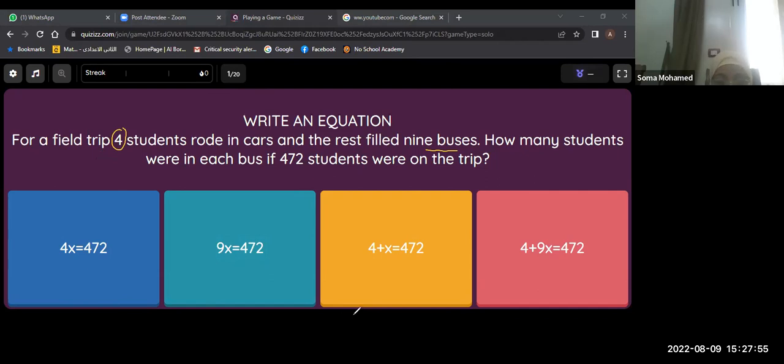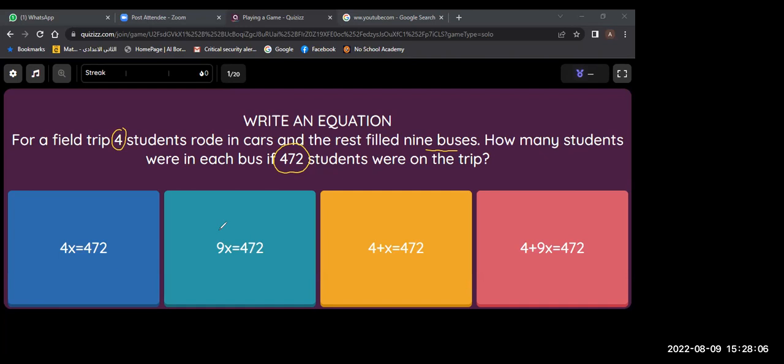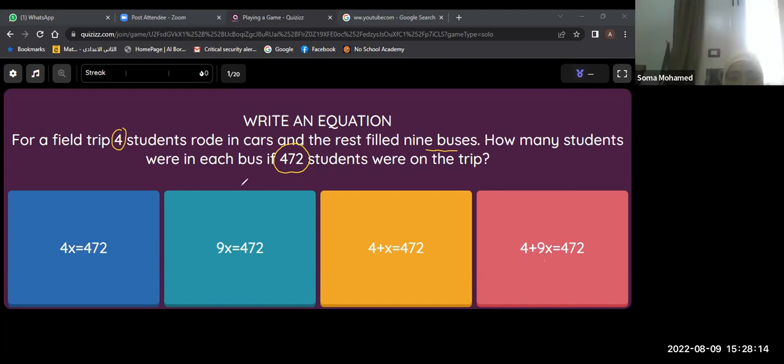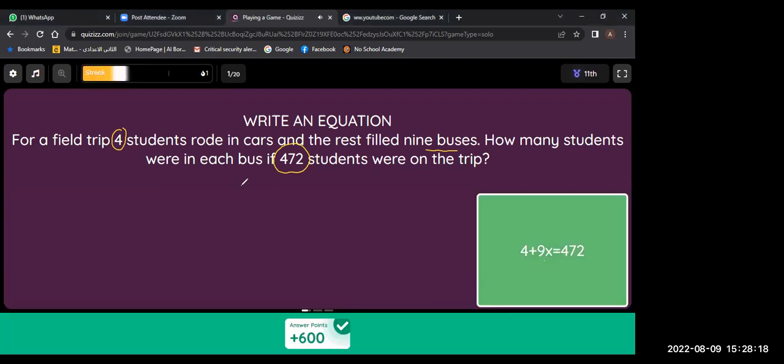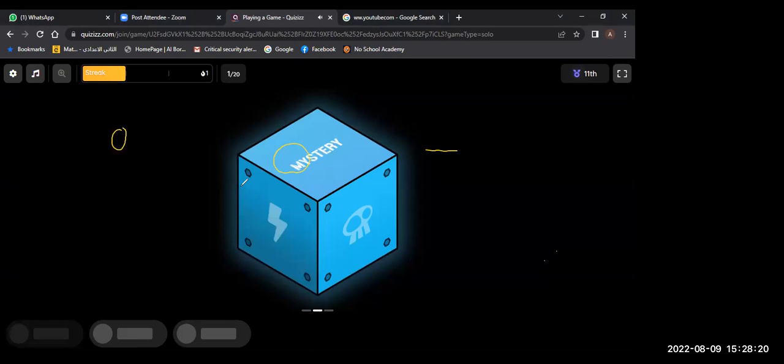How many students were in each bus if I have 472? 4 plus 9x equals 472. Yes, super. Super, Yajan.